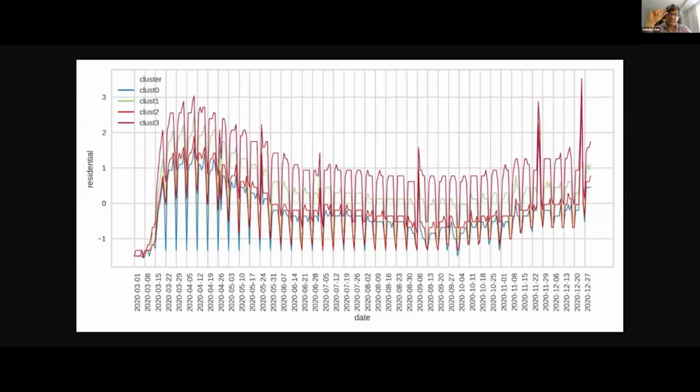Now, it's flipped because I'm looking at the residential mobility, right? And what you see is that the red cluster is among the highest. So counties here, not only did you see the least mobility at stores, but this is the highest mobility at home, meaning that people in these counties didn't really go out and they stayed at home.